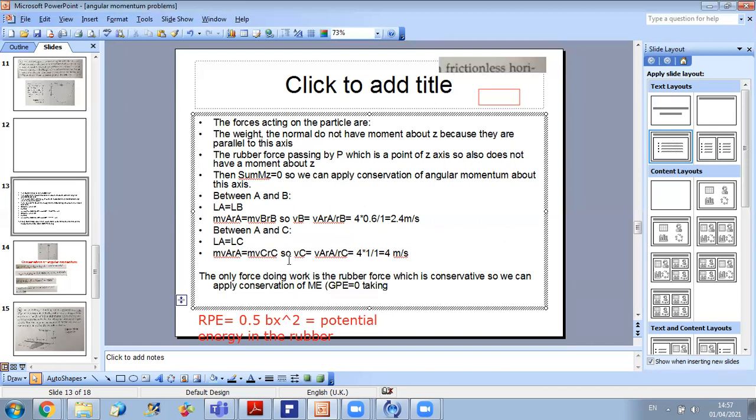That means this is a top view. Okay, so GPE equals 0 taking the horizontal table as reference.